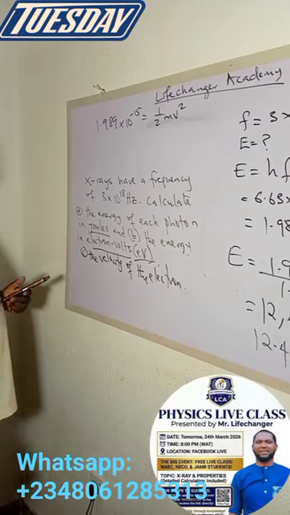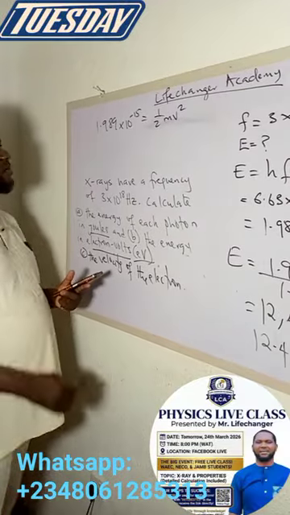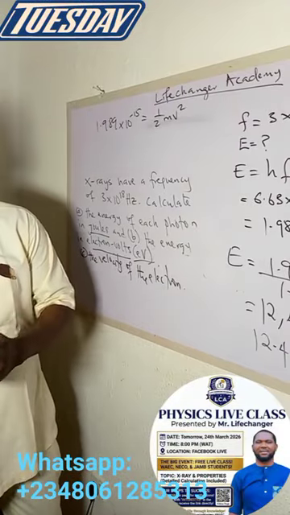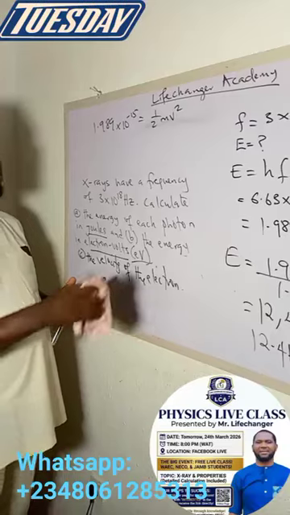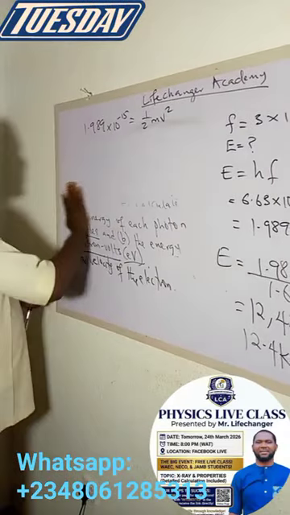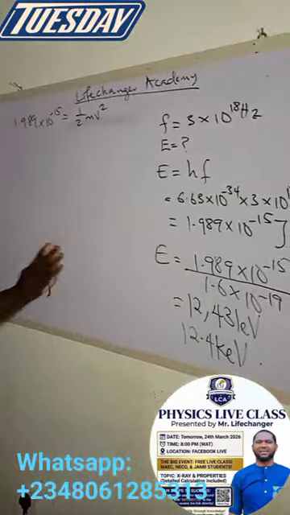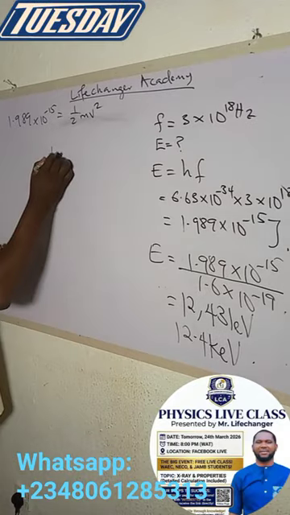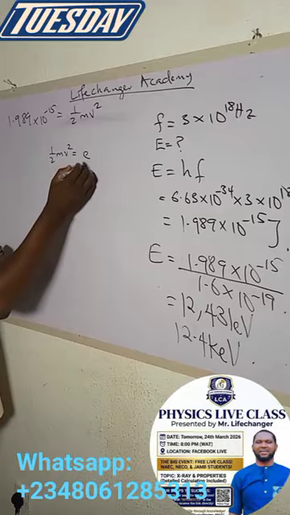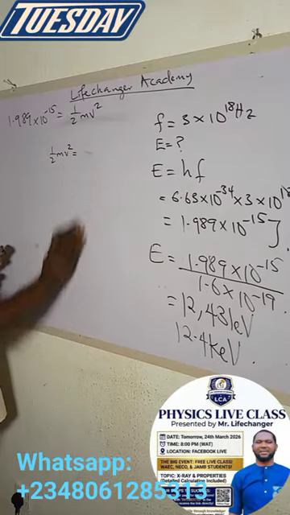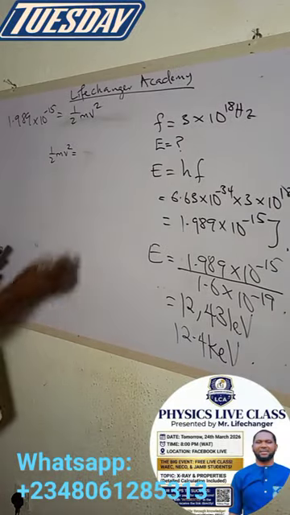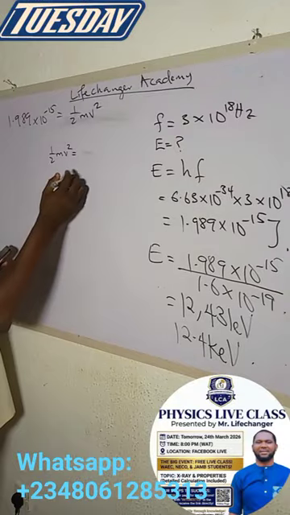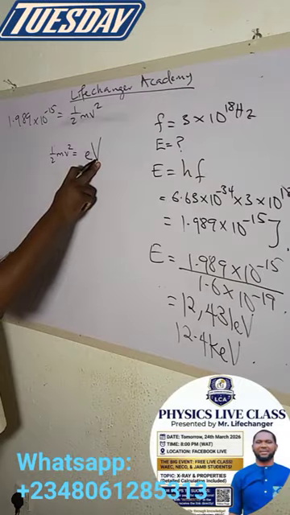And at this point, let me help you here. There is a general formula we can use here, in case you encounter a question. Let me prove it quickly. When you have half mv squared to be equal to electron volts, you know the value of the electron charge, and this volt is potential difference.